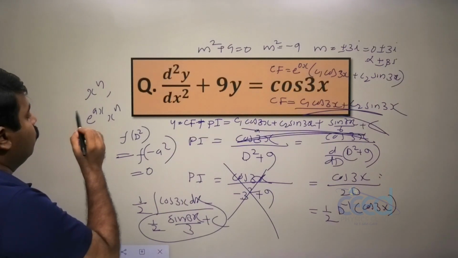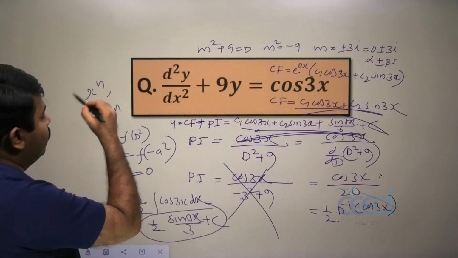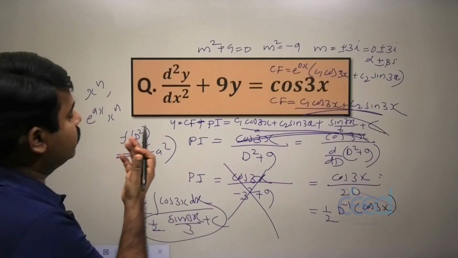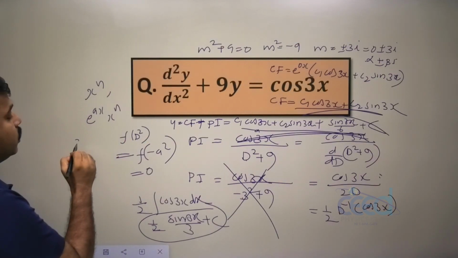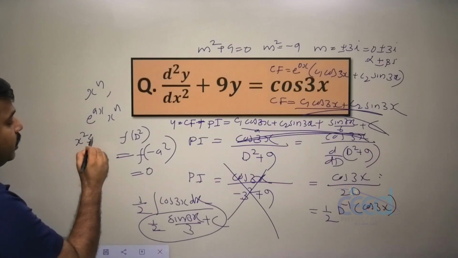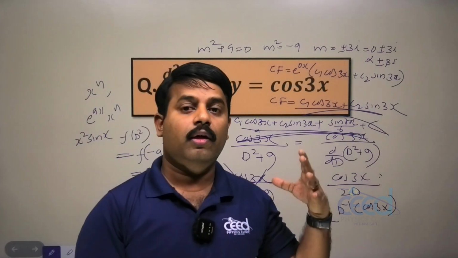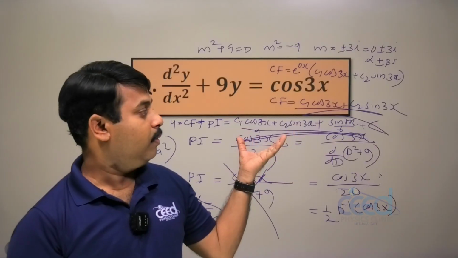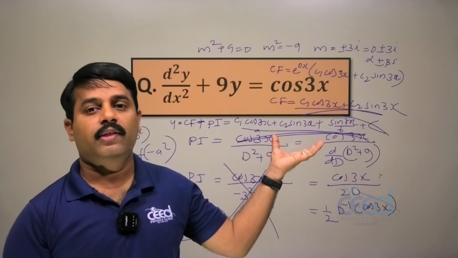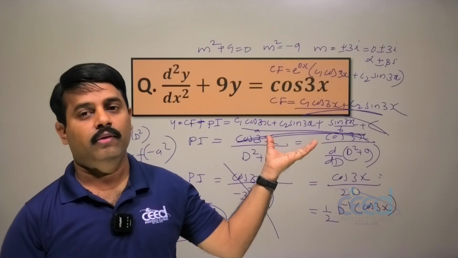Then complicated functions, like x square with trigonometric functions like sin x, and so on. How we can solve the complementary function and particular integral, that we discuss in the next class. Okay, thank you.